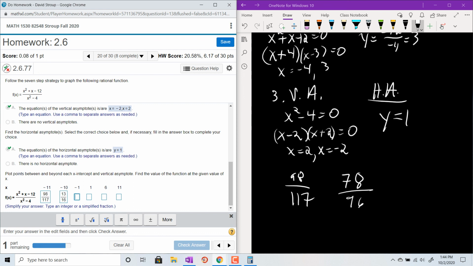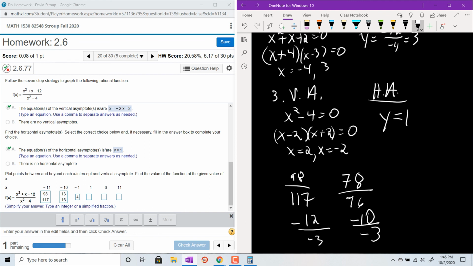Negative 1. Okay, so I have 1. Minus 1 is 0, minus 12. So it'll be minus 12 all over 1 minus 4 is negative 3, so it's just going to be 4. On the top, 1 plus 1 is 2, minus 12 is minus 10. Down below, again, we got a negative 3.